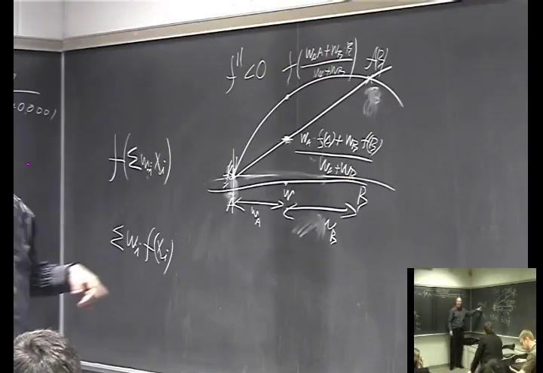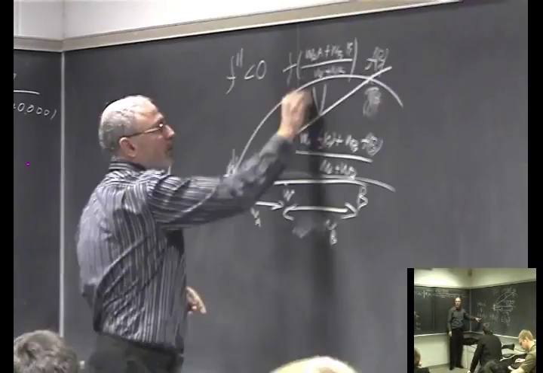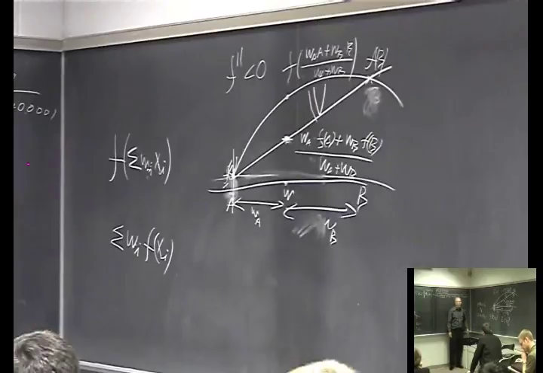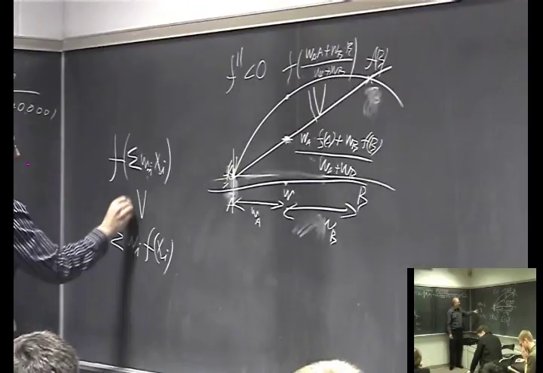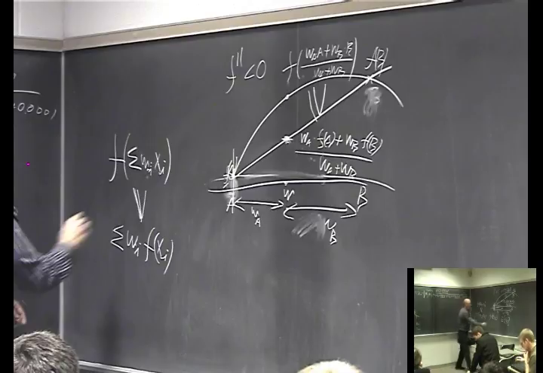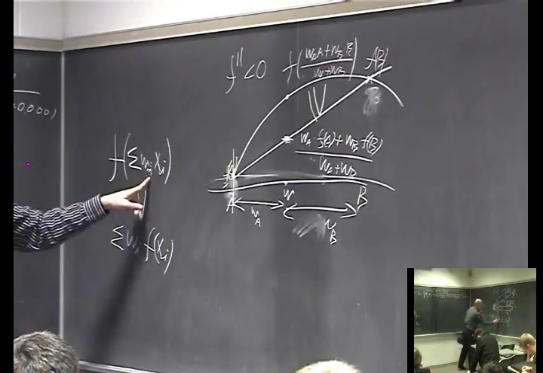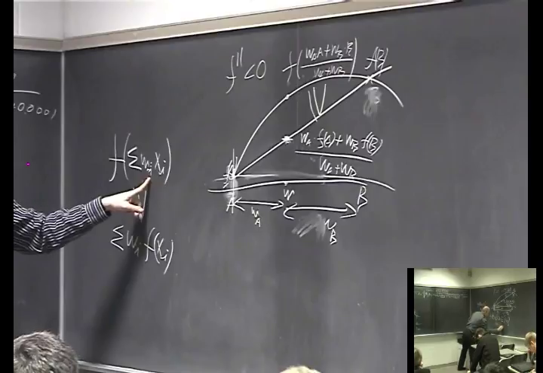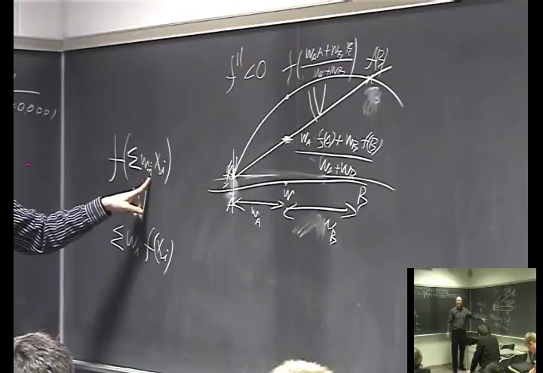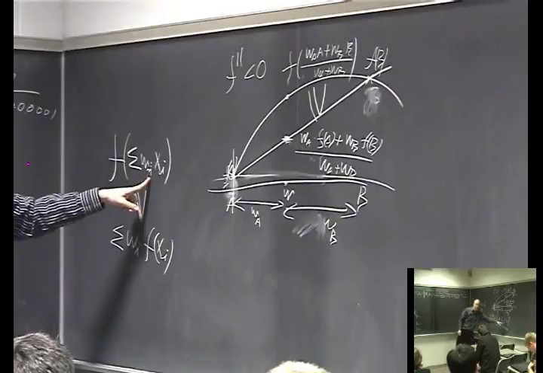See the relationship? The weighted summation can be thought of as expectation. And the f of the expectation is always greater for f convex. So if f is convex, this is always true.